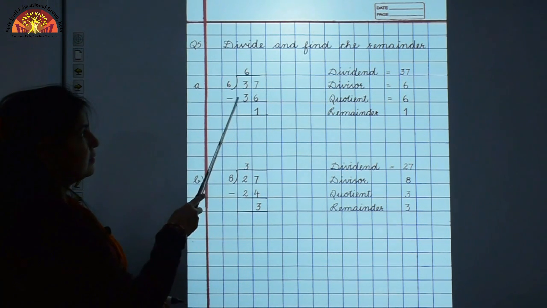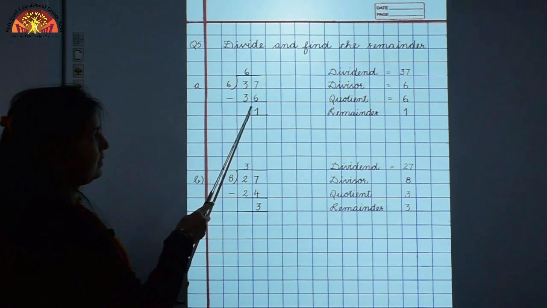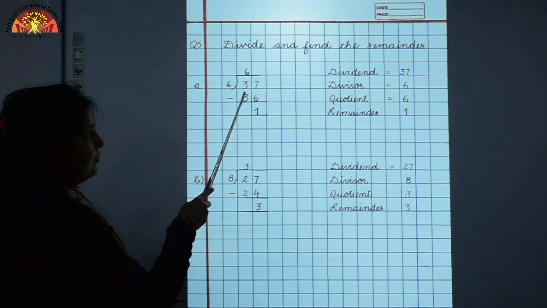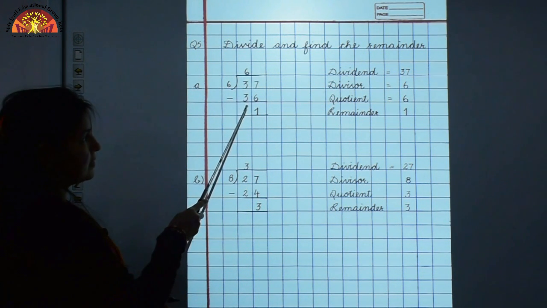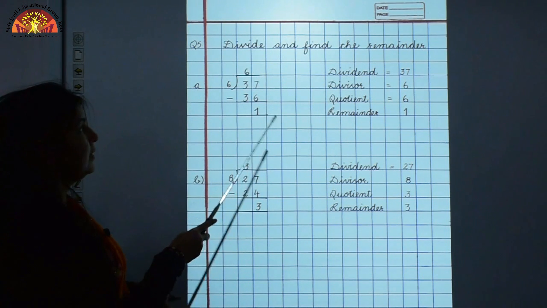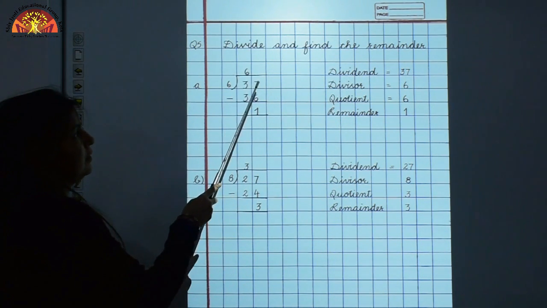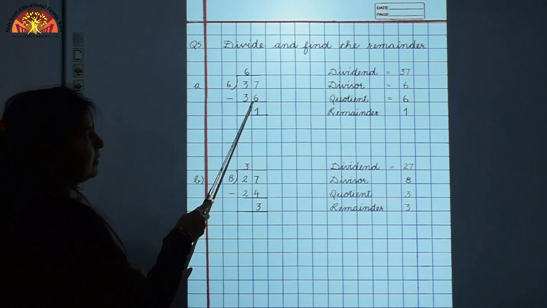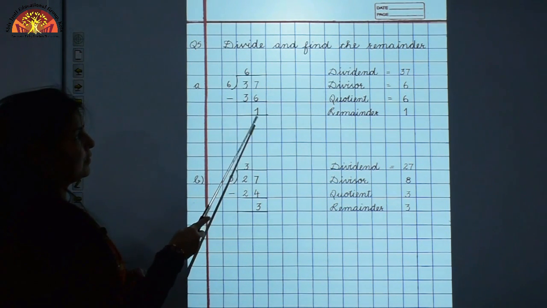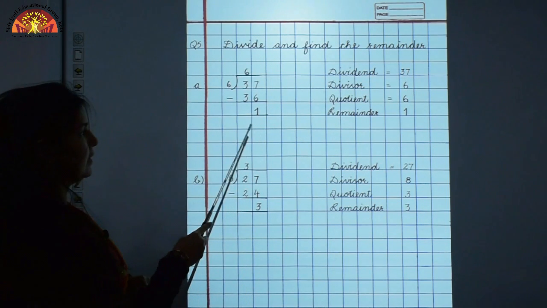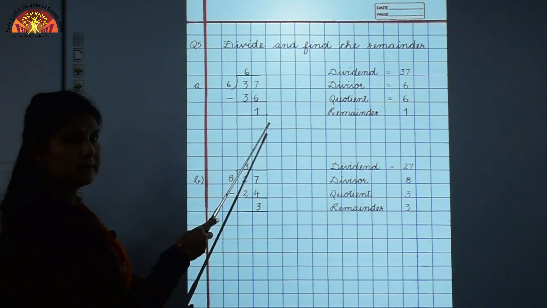This is 6 sixes are 36. Now we will write 36 just below the 37, and 6 times we are speaking the table, so we will write 6 here. Now we will subtract 36 from 37. How much will we get? We will get 1. So 1 is the remainder.